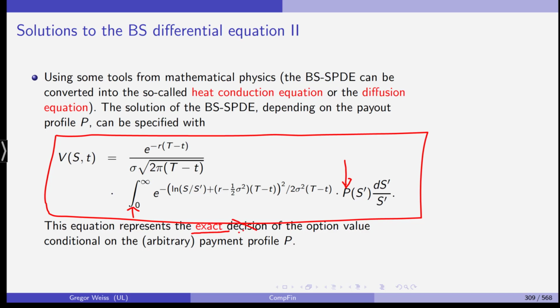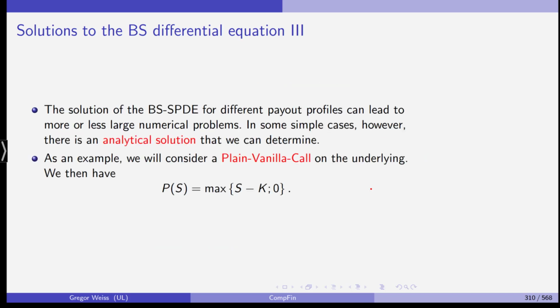We can now insert the payoff profile of the respective derivative and then solve for this integral, and we get the pricing formula for this derivative. And this is where it gets tricky. For some kinds of derivatives, for example a plain vanilla call where the payout profile is quite simple, yes, we can solve this integral.